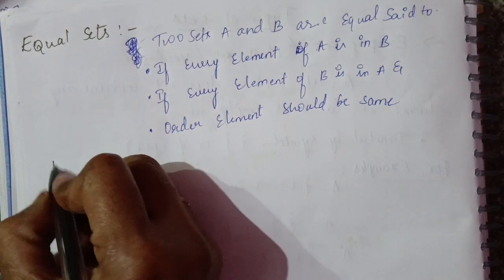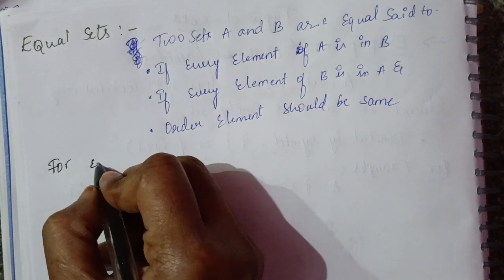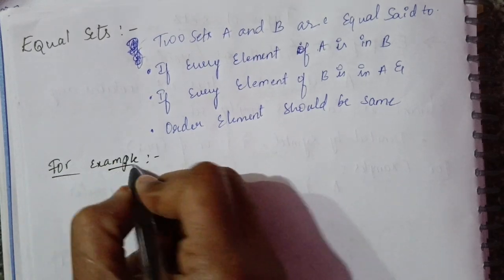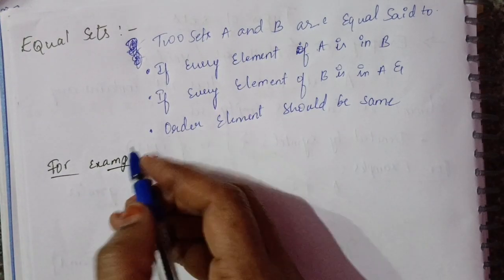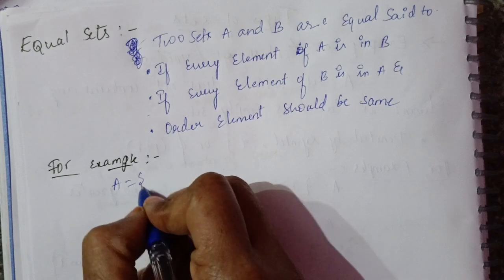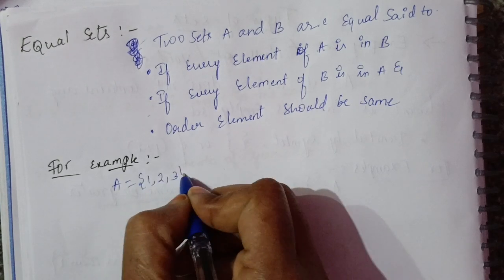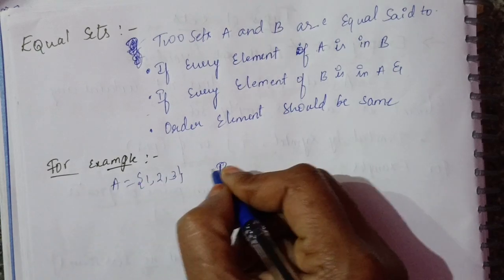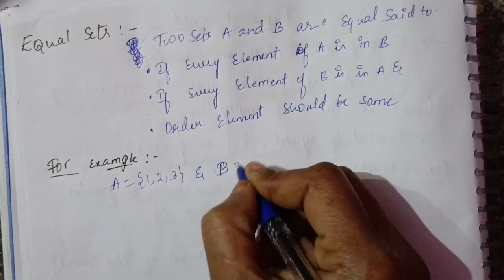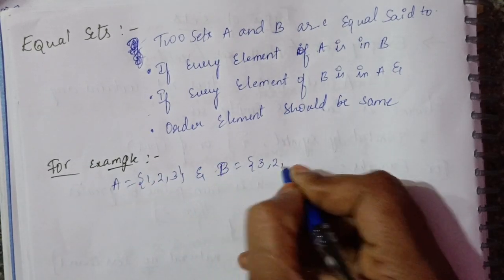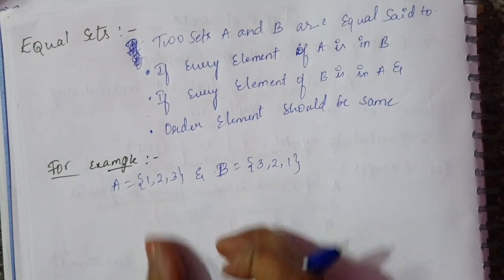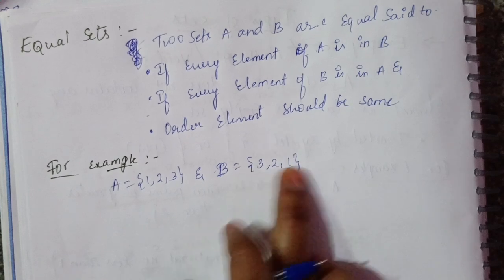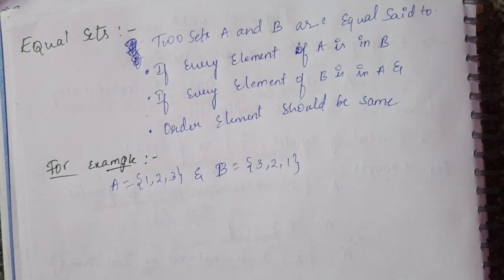For example, if A is equal to 1, 2, 3, and B is equal to 3, 2, 1, then here we can say A is equal to B. You should know that here order of elements does not matter in sets.